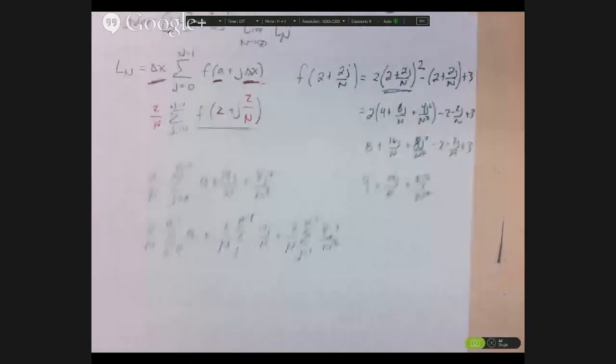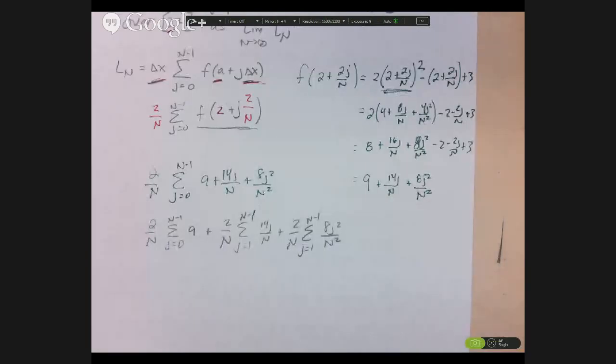Whew. Okay, these get messy. You just have to stay organized, nice and neat. So I've split it into 3 different sums, so I can have j's where I need them.